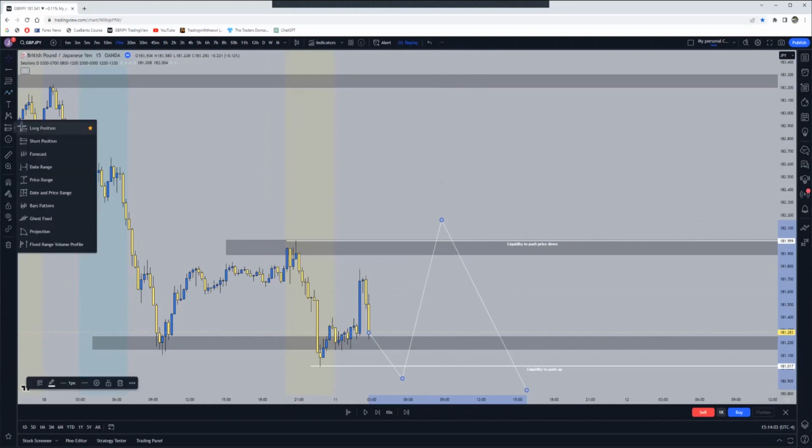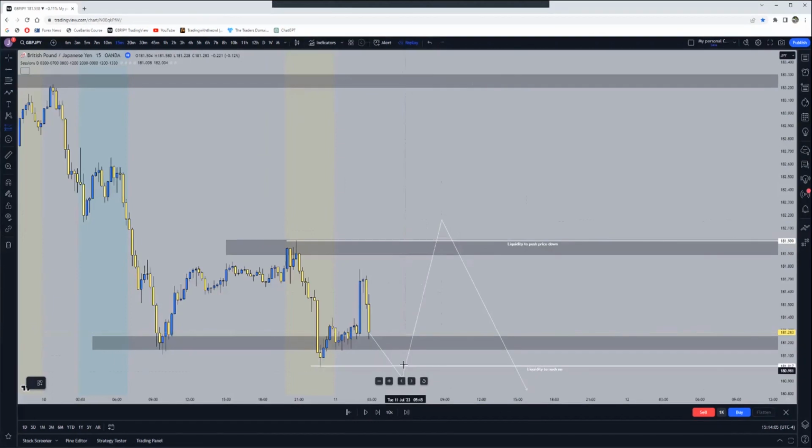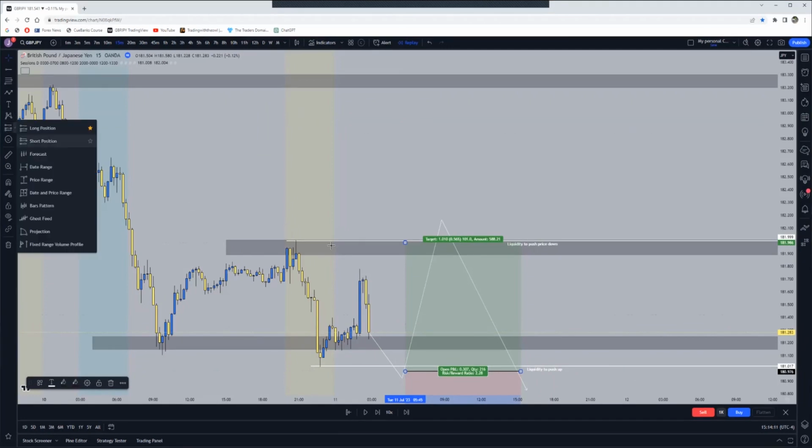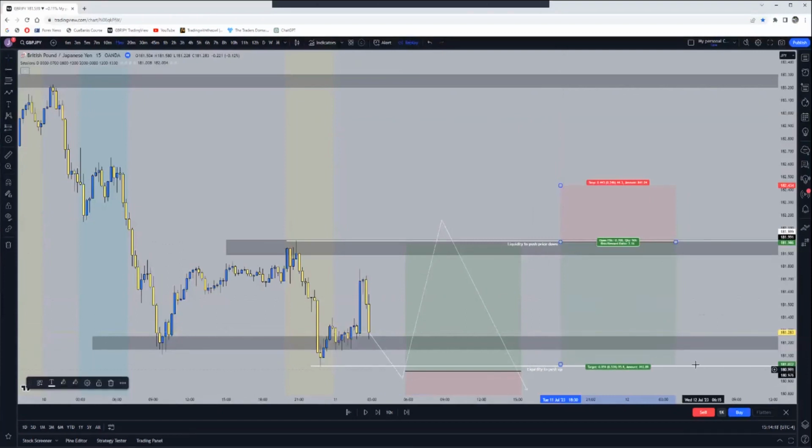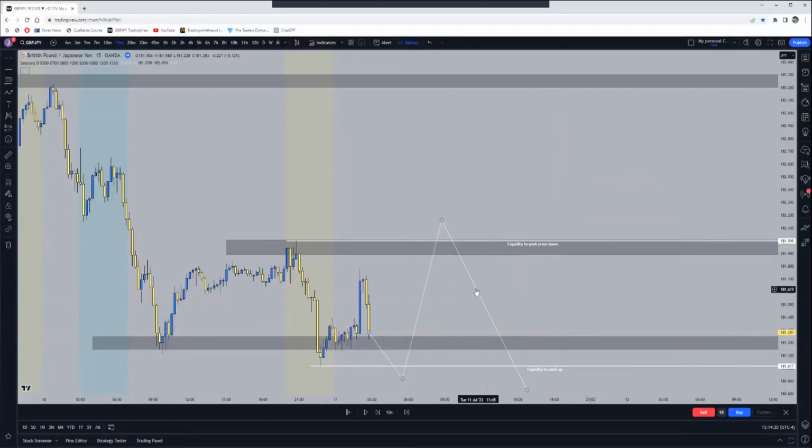So now I'm thinking about buying. Once price comes down here, I could buy all the way up to here, or I could sell from here to here. We'll see what price does first, and then we'll move on from there.